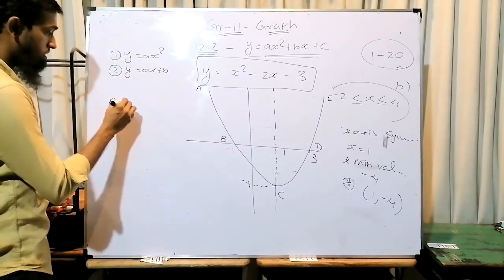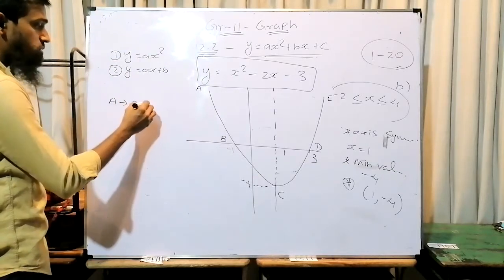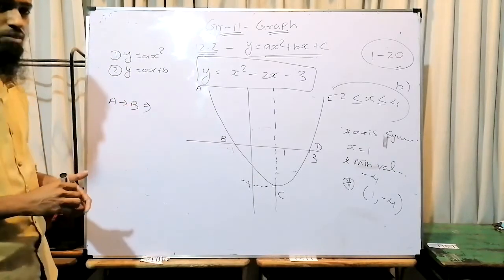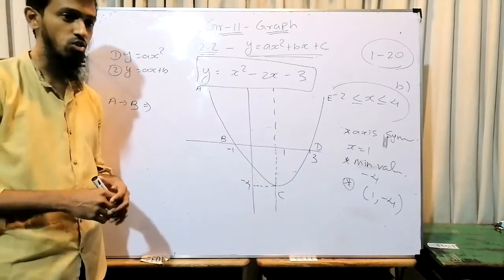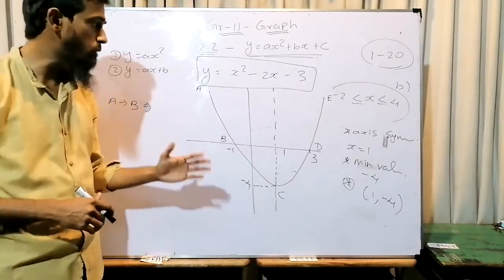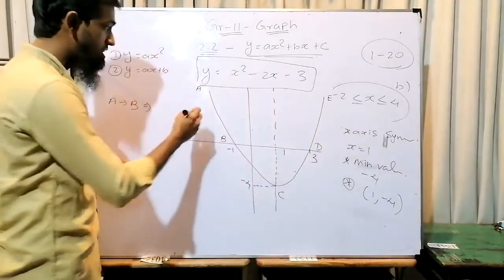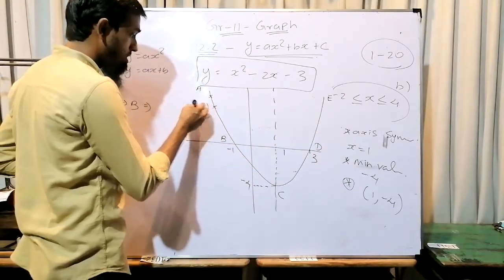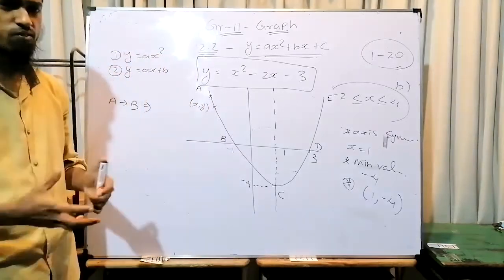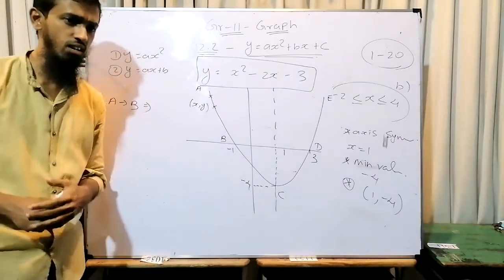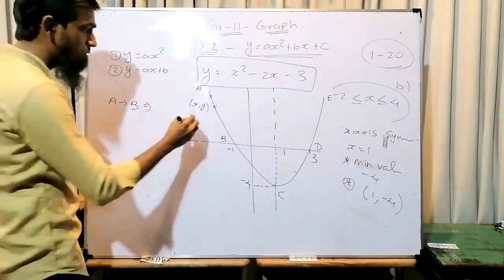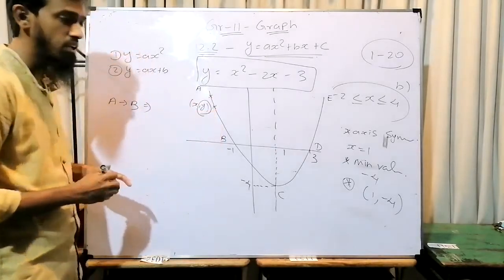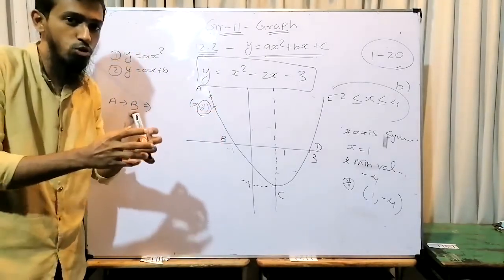So A to B. If you describe the graph from A to B, each and every point has two values, x and y. Which value are we considering? We are considering only the y values. That's why we gave points, to remember this.